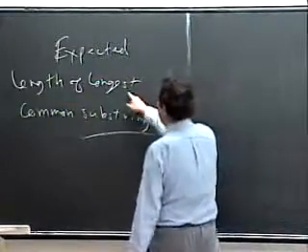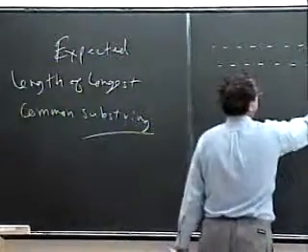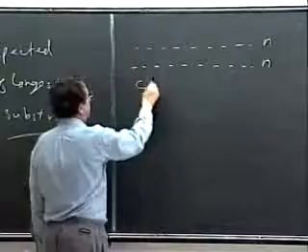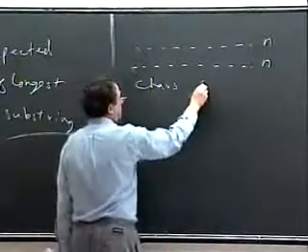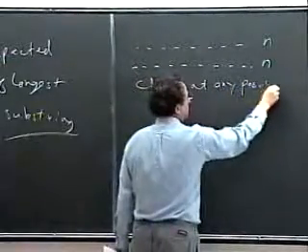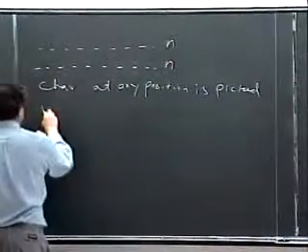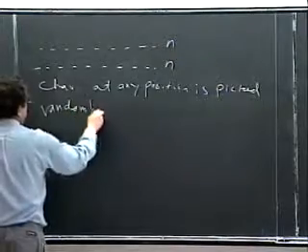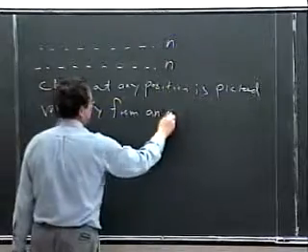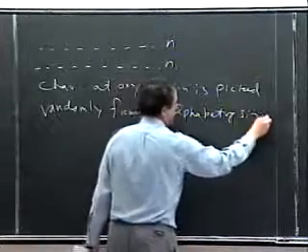So here we are. We have two random sequences, each of length n. I'm just going to assume for simplicity that they're both the same length. And the character at any position is picked randomly, uniformly from an alphabet of size z.